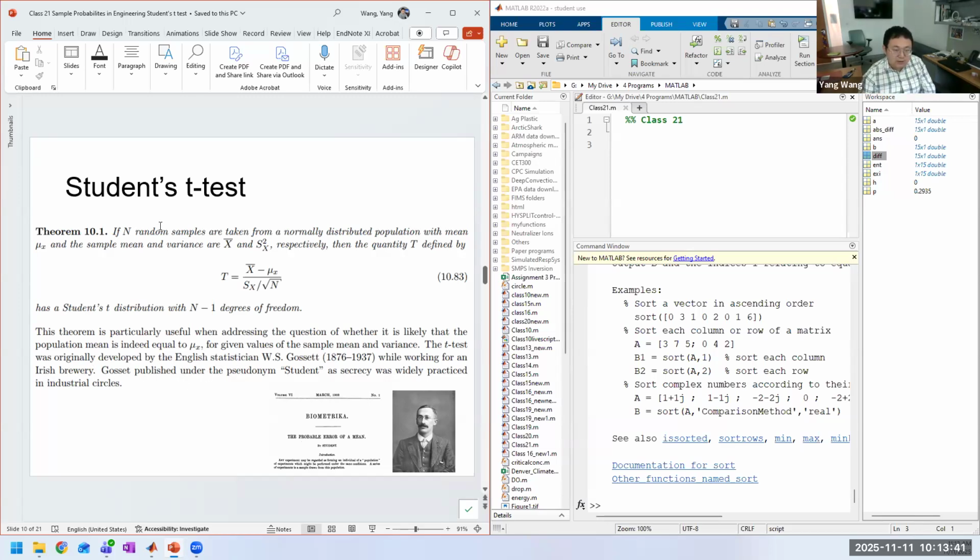He was working on this and submitted this research article to a journal, but he wanted to use an alias, a pseudonym, of the student. So you can see that it's the title, and then the author is by Student. It turns out that this method is very successful and became established. And instead of calling this method the Gosset t-test, people actually use the student t-test, and it was widely used in the industrial circles and now in academic research as well.